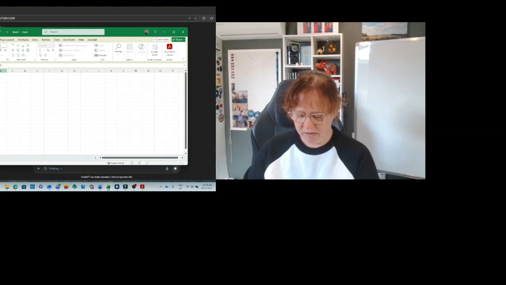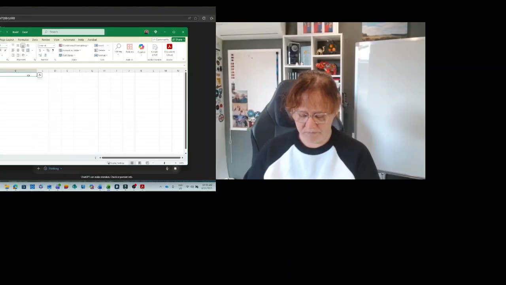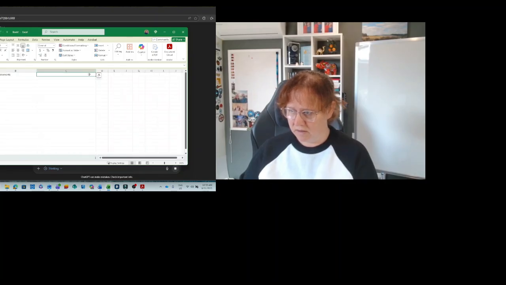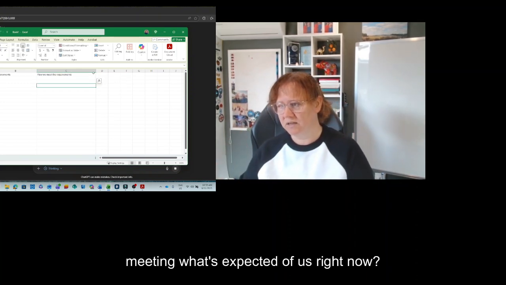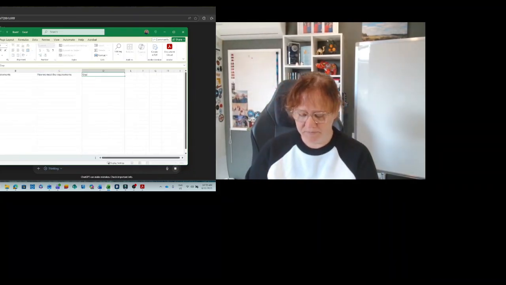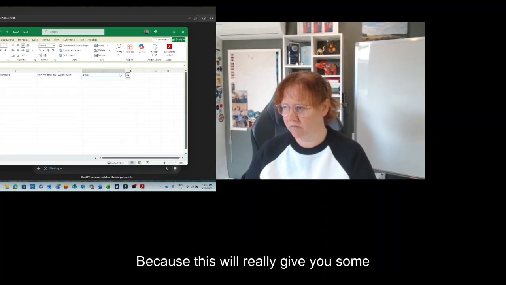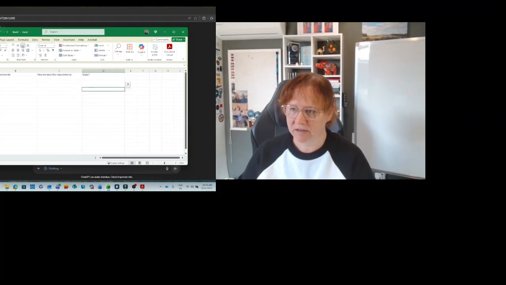Let's put regulations and standards, the requirement, and how we meet the requirement. And I guess you do a little bit of a gap assessment, you know, are we actually meeting what's expected of us right now? And then, you know, what are the gaps? Because this will really give you some true direction of where you need to focus your efforts.